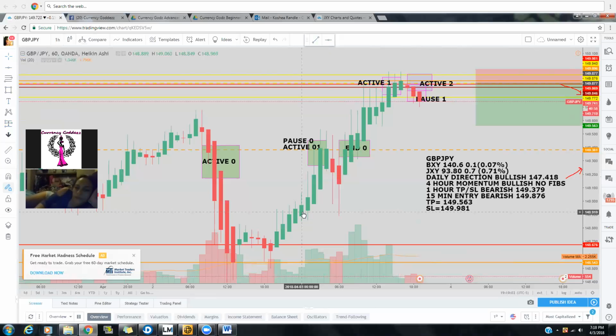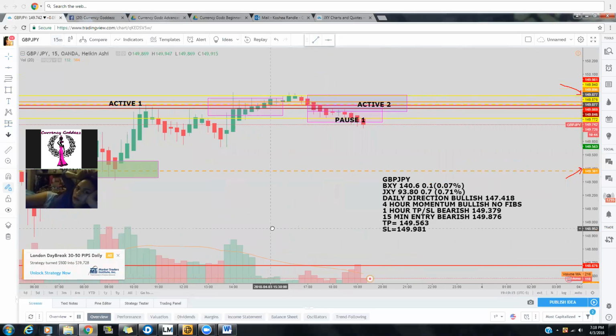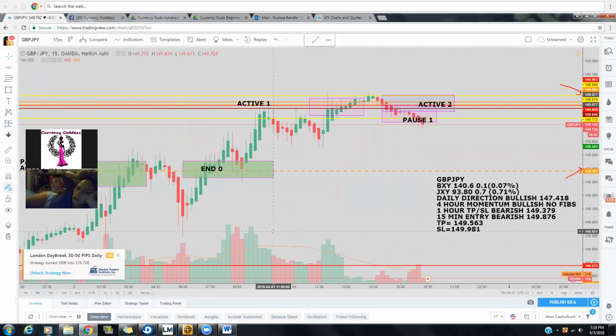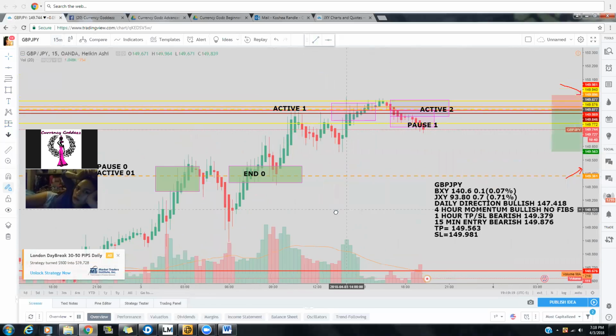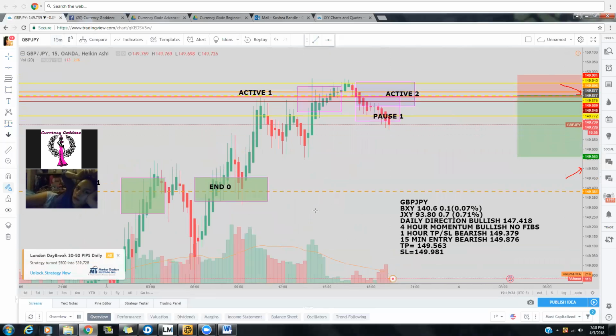The 15-minute one, same way, right? Yes. So each candle in the 15-minute chart represents 15 minutes. So 4 candles represents an hour.